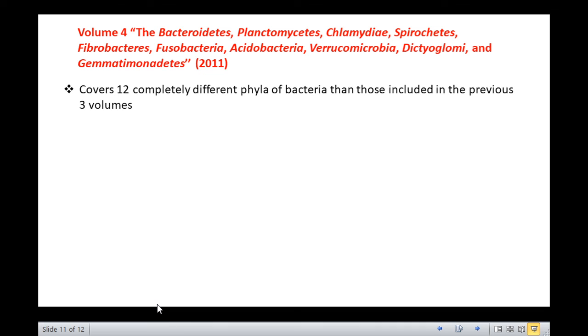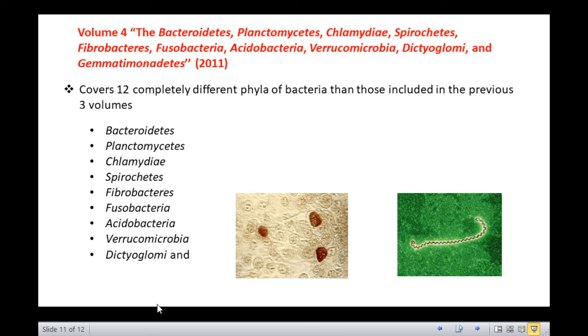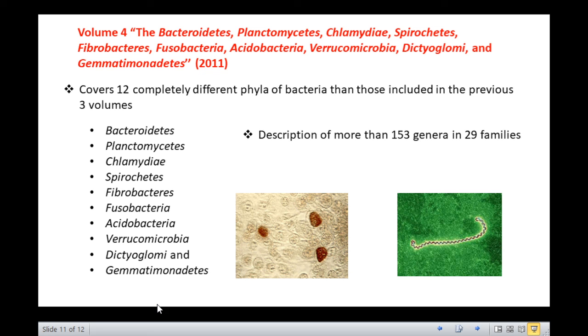It includes a revised taxonomic outline for these phyla, based upon the Silva project, as well as a description of more than 153 genera in 25 families. It includes many medically important taxa.